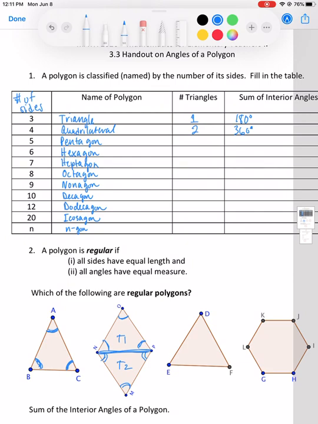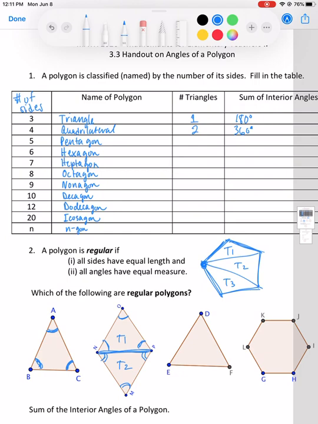Now we're going to go to a pentagon. And for a pentagon, I'll draw one right here. So you can see a 5-sided figure. And how many angles do we have in it? How many triangles can we make? From this vertex, I'm going to draw out 2 lines: triangle 1, triangle 2, triangle 3.